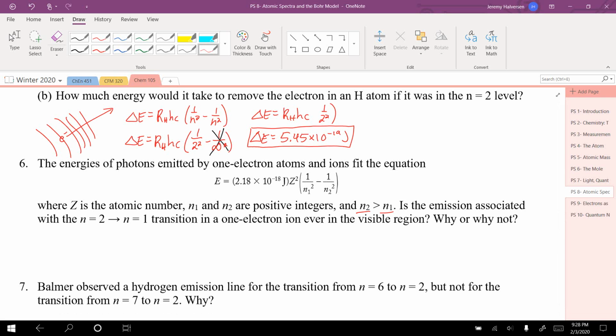Why are we not? Well, let's see. I'm actually going to ignore this equation because I know it's the same as the one I've been using, and I'm just going to use wavelength because I know the visible region for wavelength.